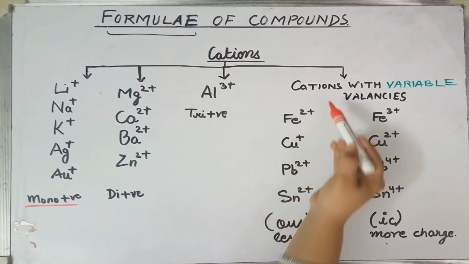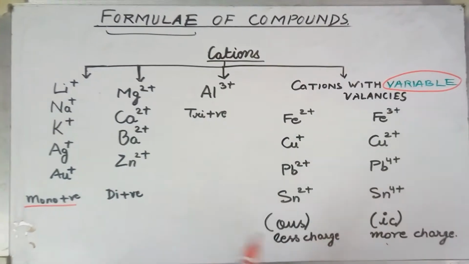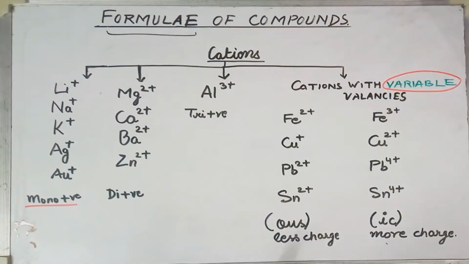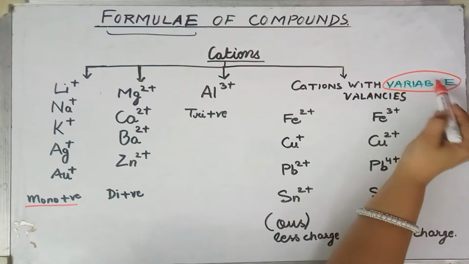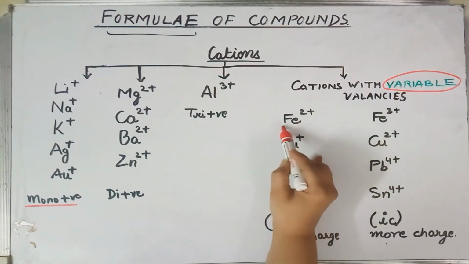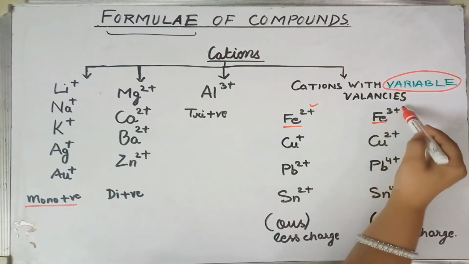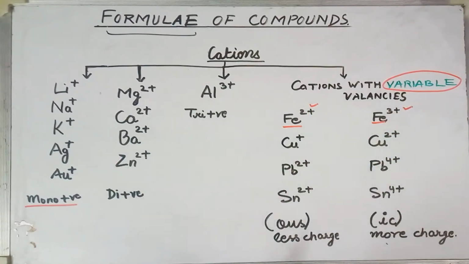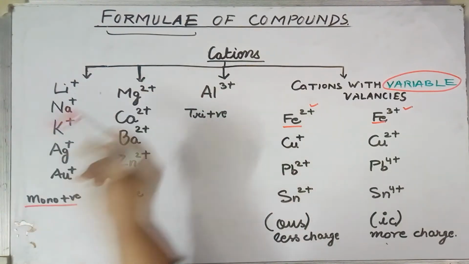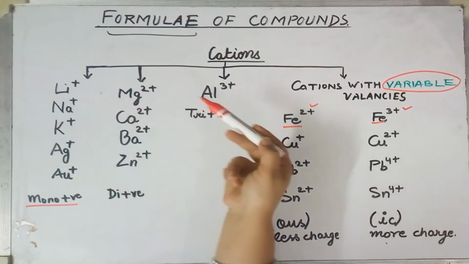Now let us discuss the cations which have variable valency. Let me first tell you what variable valency means. As the name indicates, it means a change in the valencies. You can see here iron with +2 valency, and here iron with +3 valency. The earlier ions always have +1, +2 or +3 valencies and never change them.